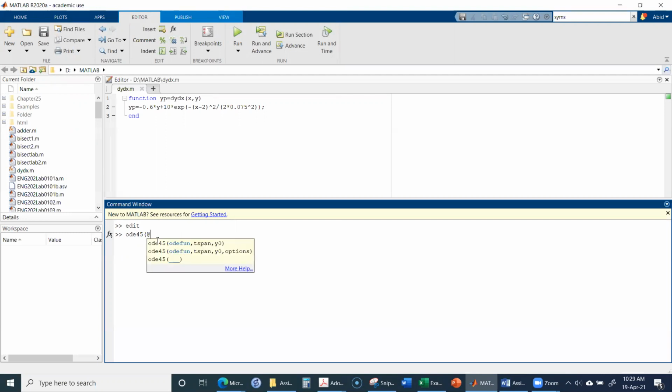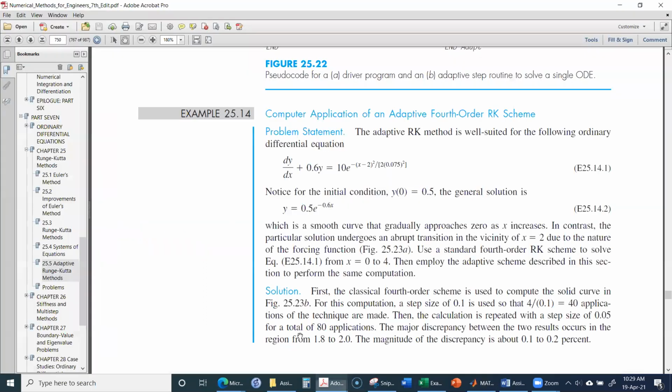I will call the function as at dy dx, comma, and this function has to be integrated from 0 to 4, with 0.5 as the initial value, and then I will close the bracket.